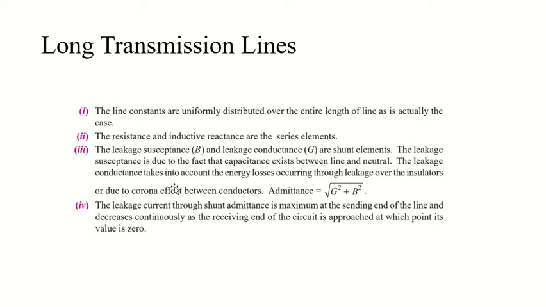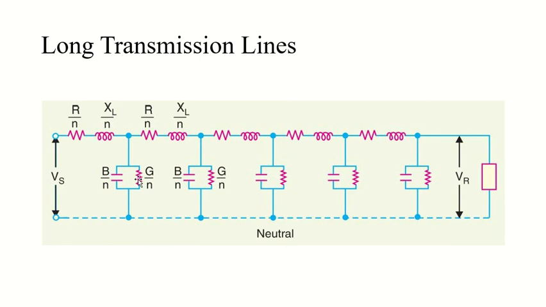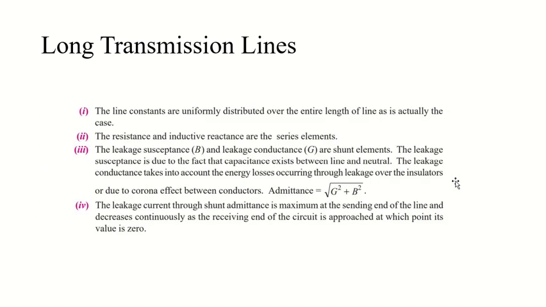At the receiving end, its value will be 0. So this leakage current through my shunt admittance will be maximum at the sending end, which is here, and almost 0 towards here. These are the points which we have to keep in consideration while doing the calculations.